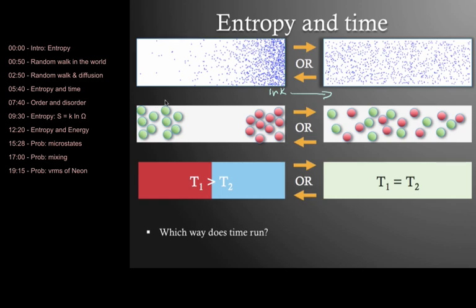We could also look at, maybe we put a bunch of green particles over here and a bunch of red particles over here. What do we expect to happen with time? Again, we expect that over time the system is going to evolve into some state where green and red are living harmoniously together, so everything is nice and smeared out again. What if we put two different systems that were at two different temperatures together?